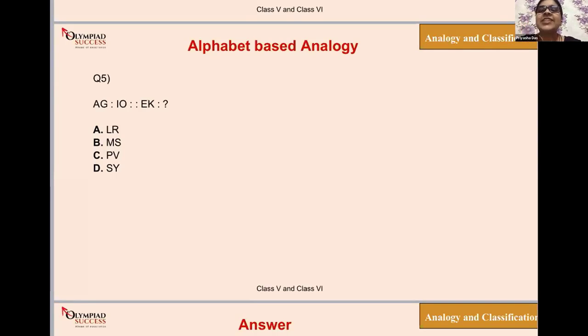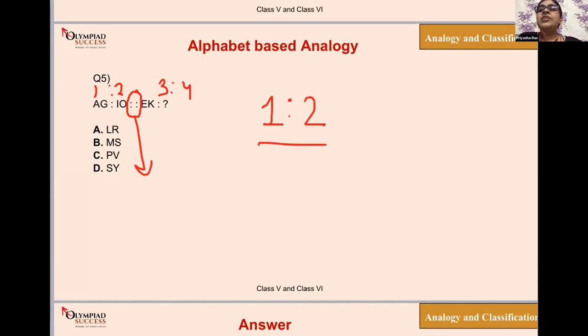Thank you secretly. Okay, so coming to this question, guys, this double sign means what? This double sign means that everything on the right side is equals to everything on the left side. That means the relation between 1 and 2 will be similar to the relation between 3 and 4.